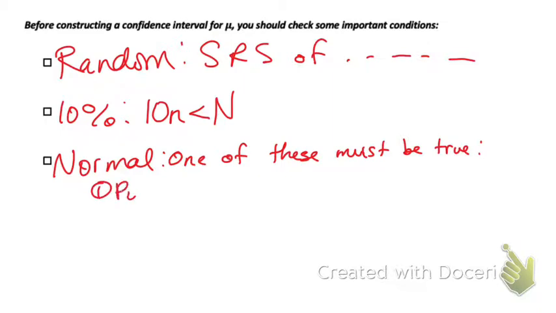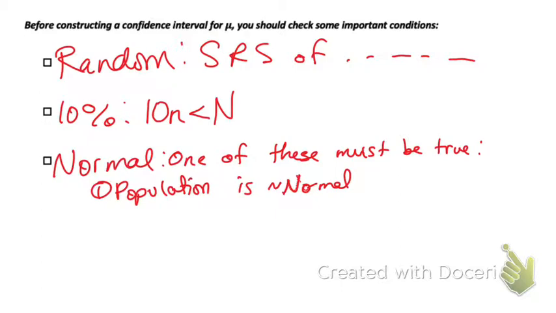Number 1, the population is approximately normal. If that is true, then we say hallelujah and we write down normal, population is normal, and we move on. We have to write nothing else. No math. Nothing other than normal, population is normal.